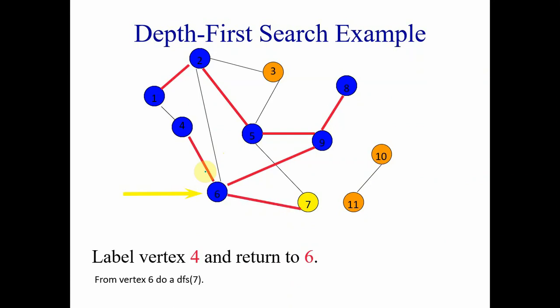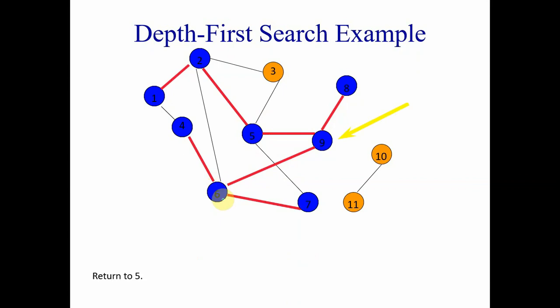7 has no more node to go because 5 is already visited. So we'll go back to 6. And then 6 goes back to 9. 9 will return to 5. 5 still has one node to go.